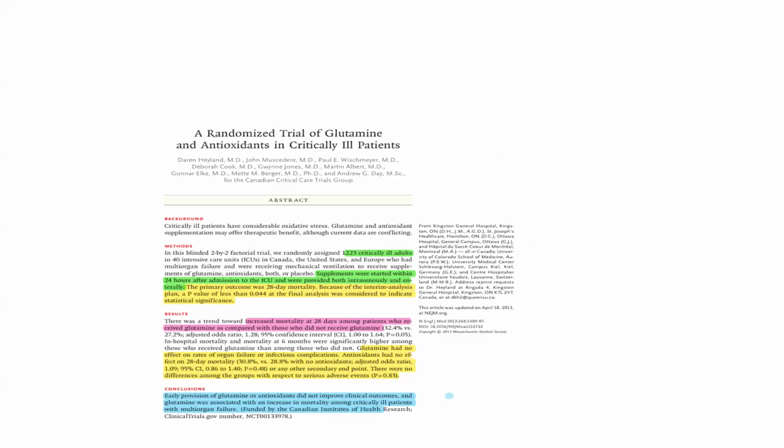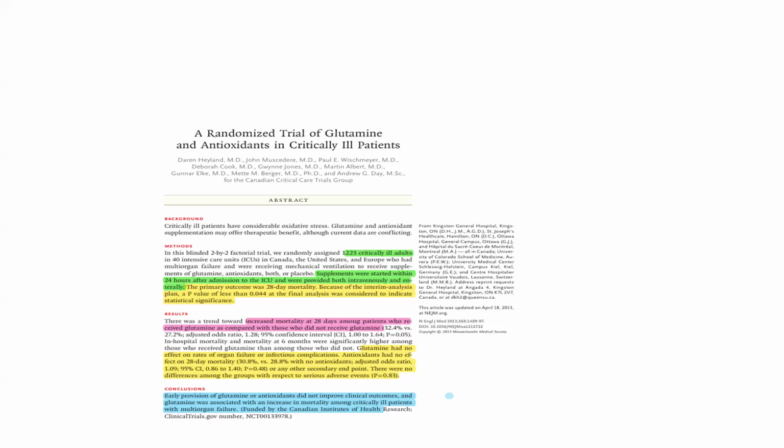So they included 1,223 critically ill patients, and supplements were started within 24 hours after admission to the ICU and were provided both intravenously and enterally. So the primary outcome was 28-day mortality.